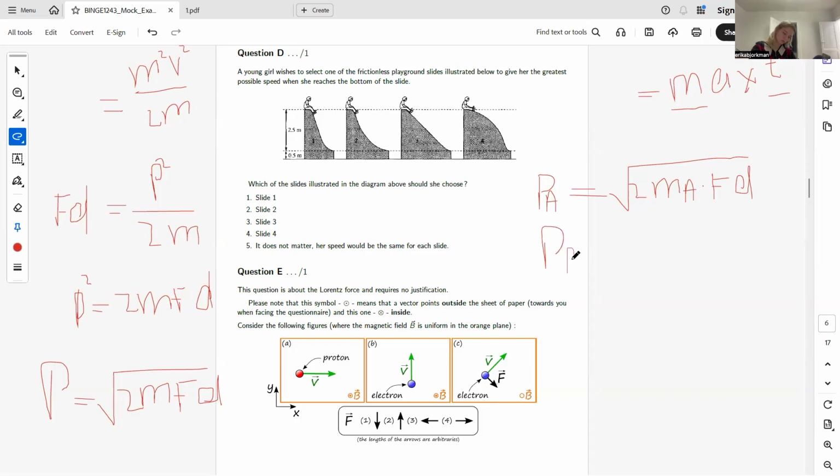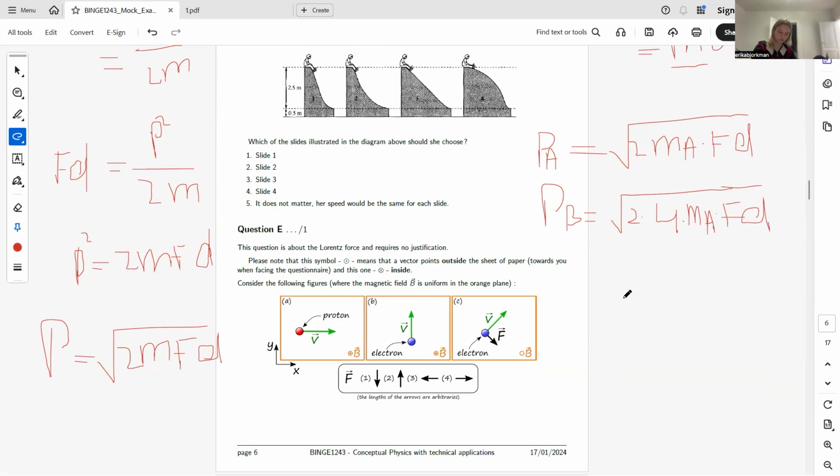Similarly, for PB, we have the equation with mass MB equal to 4 MA, so I'm writing square root of 2 times 4 MA Fd. As we are comparing their momentum, I want to take the ratio PB over PA. Then similar terms will be cancelled out, because this complete term will be cancelled.